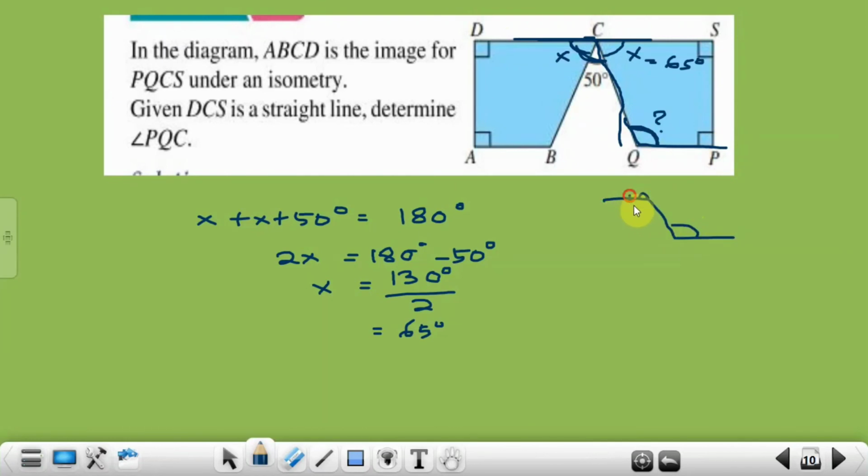This angle will be equal to this angle if these are parallel lines. Okay, these are parallel to each other. So PQC is equal to x plus 50, and x is 65, plus 50. Then we will have the answer 115.